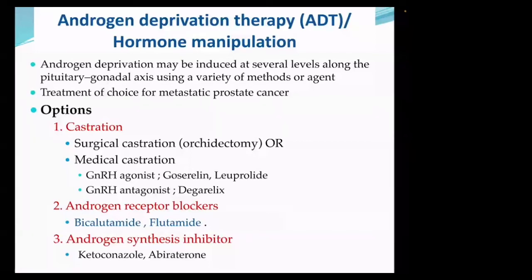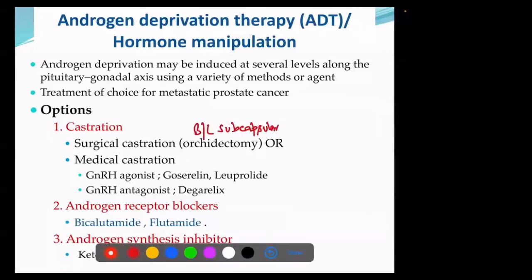Surgical castration means bilateral orchidectomy; we do bilateral subcapsular orchidectomy. Or medical castration, either we use GnRH agonist like goserelin or leuprolide, or nowadays we can use GnRH antagonist with no flare-up mechanism, degarelix.